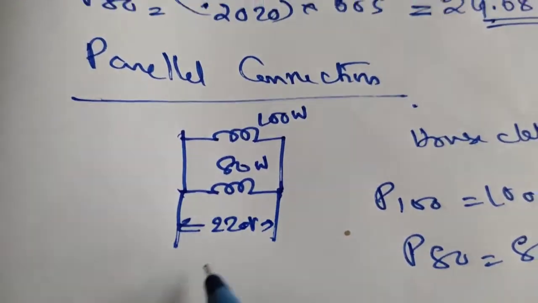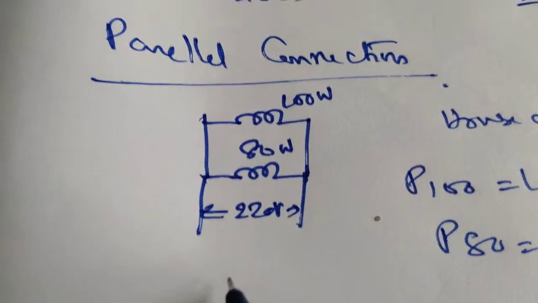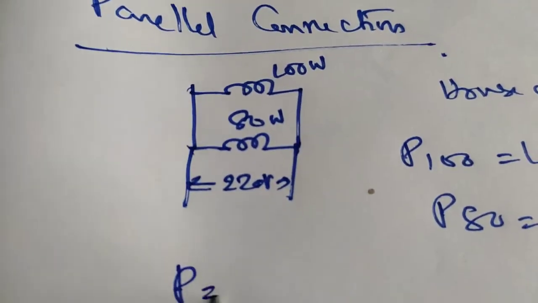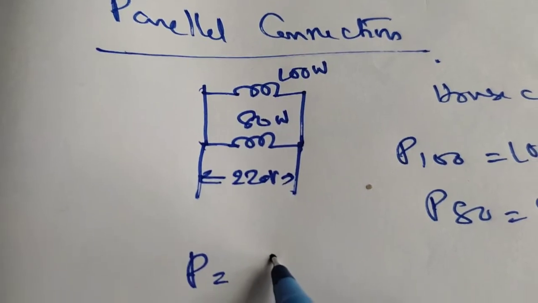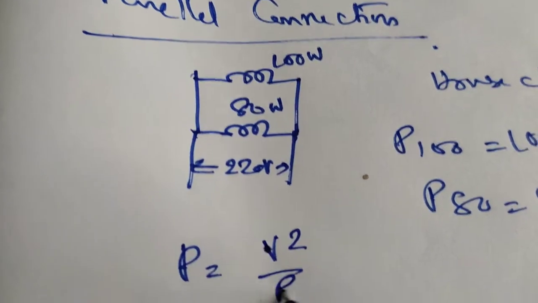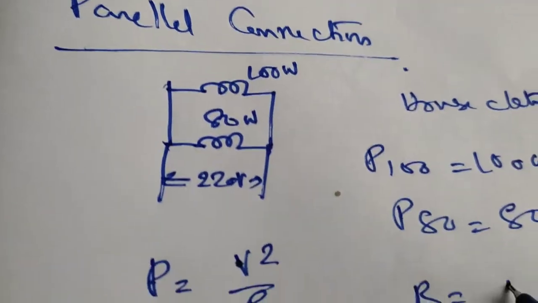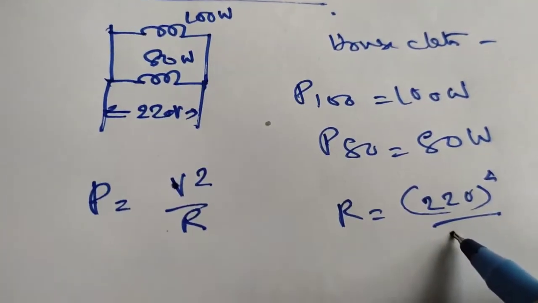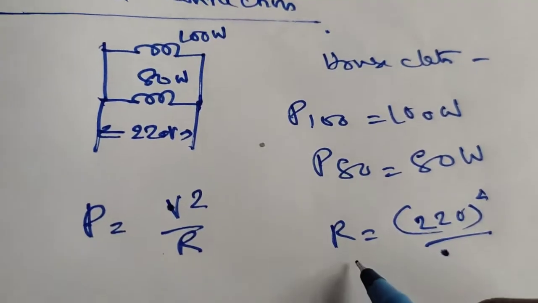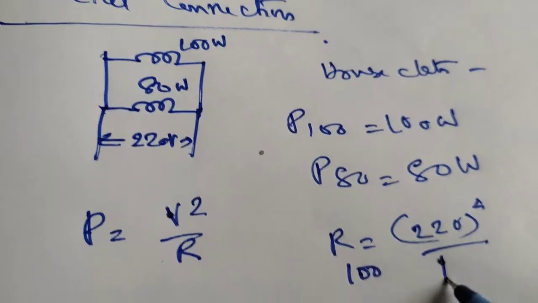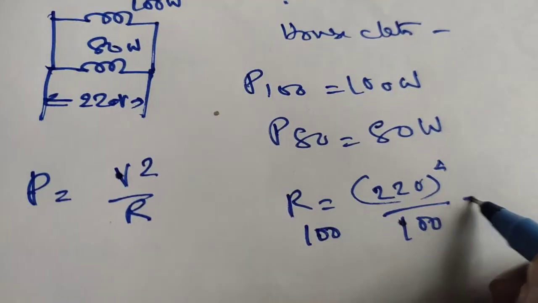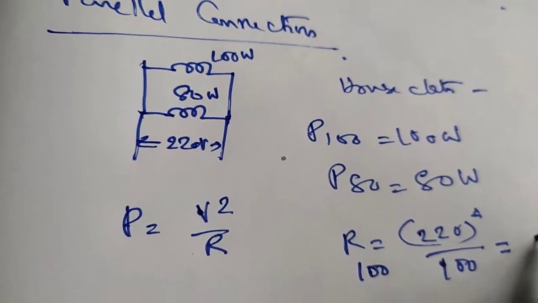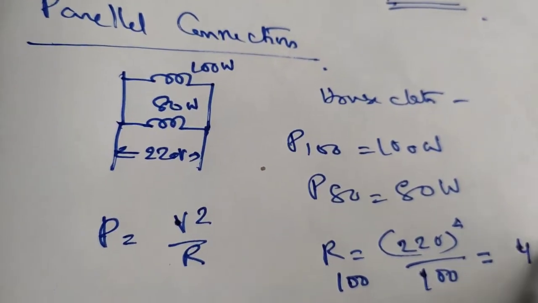Now we can see the current in each one depending upon the 220 volt across each. We know power is equal to V squared by R, so you can find out the resistance. Resistance across the 100 watt bulb is 220 squared by 100, which is 484.